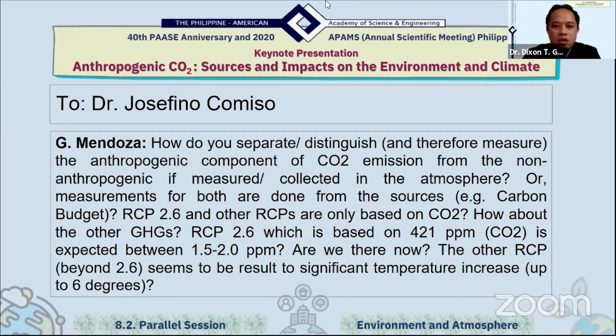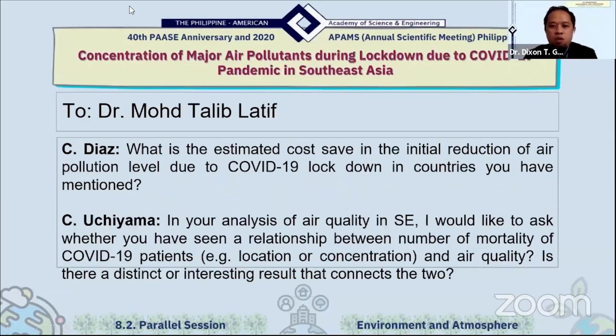Or are measurements for both done from the source, for example, the carbon budget? RCP 2.6 and other RCPs are only based on CO2. How about other GHGs? RCP 2.6, which is based on 421 ppm CO2.